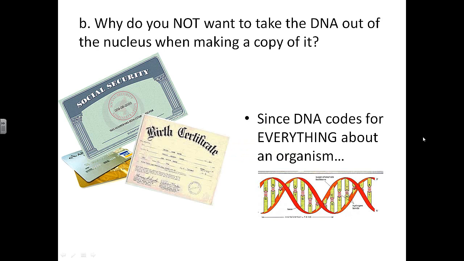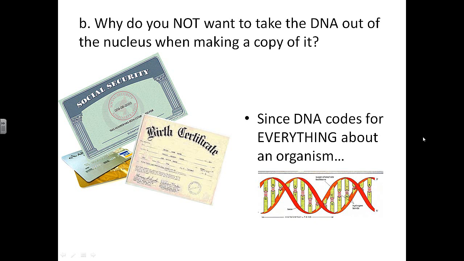When we're making new cells, something that's really important to understand is that the DNA never leaves the nucleus. It always stays inside. So think about this. Why would you not want to take DNA out of the nucleus when you make a copy of it? Imagine that you had a safety deposit box with your social security card, your birth certificate, your credit cards, all of the most important information about you.